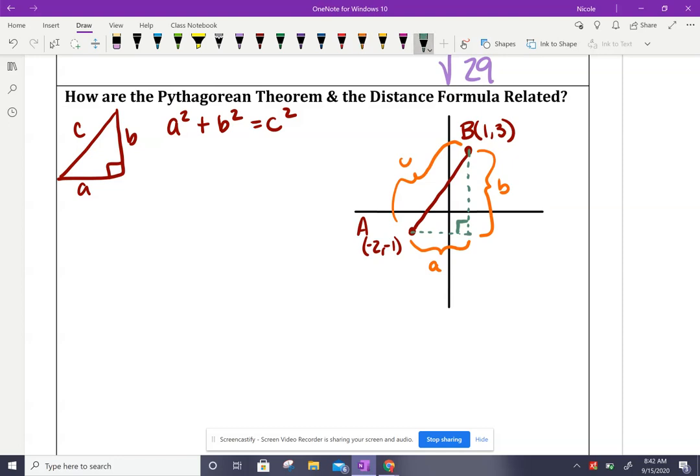Now, the place where my right angle is in this corner is at the point 1, -1, because it's the exact same x as I dropped down that vertical line from my B, and the exact same y value as I moved horizontally from A.